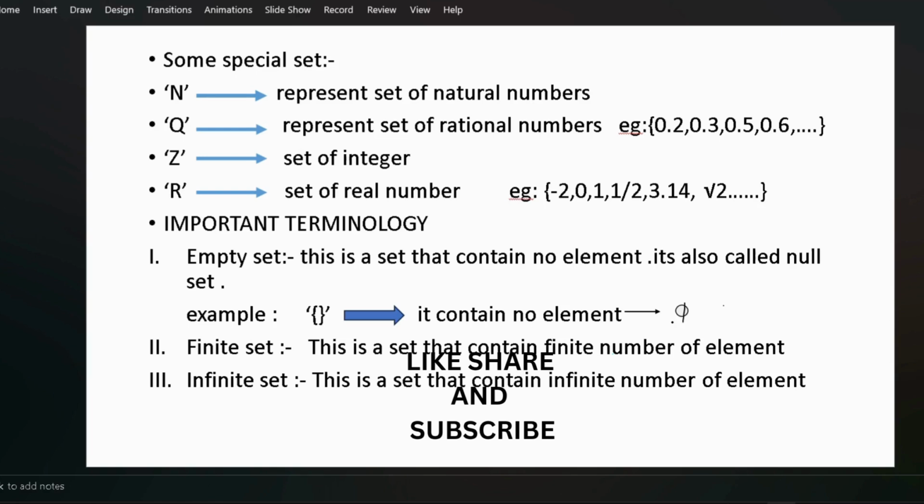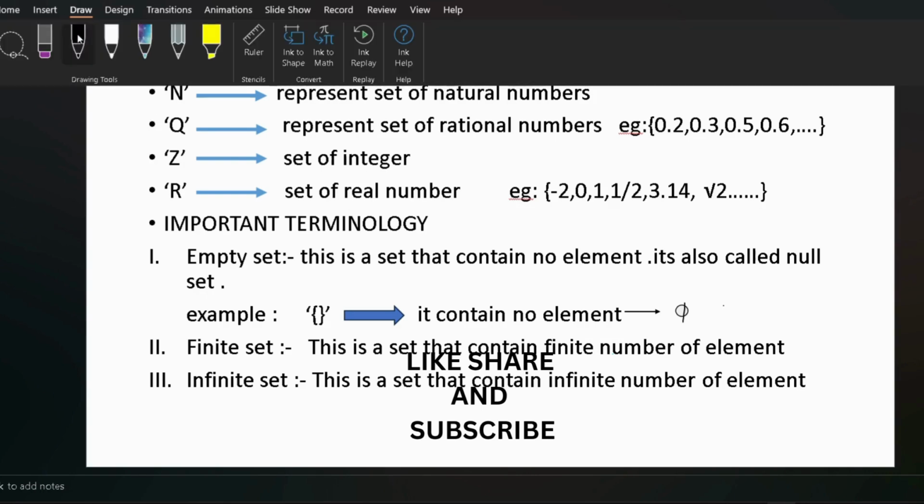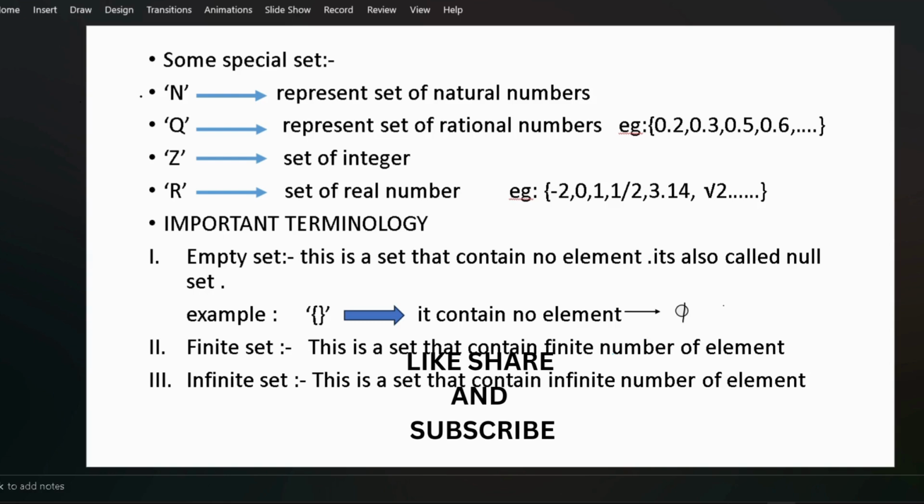On the next slide, we see some special sets like N, Q, Z, and R. What does capital N represent? Capital N represents natural numbers.